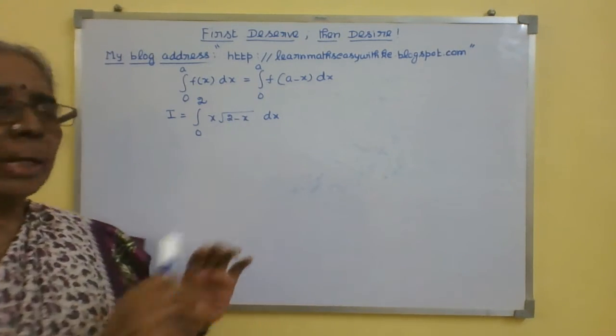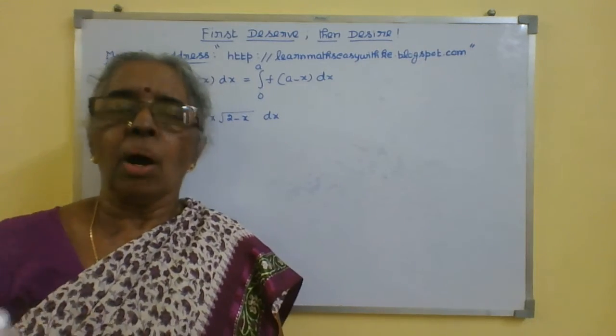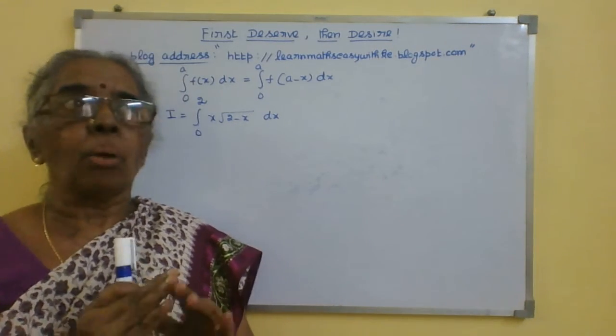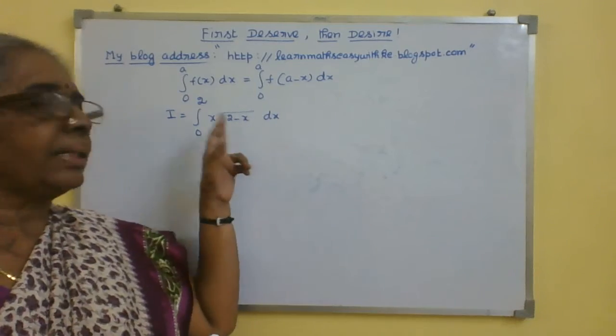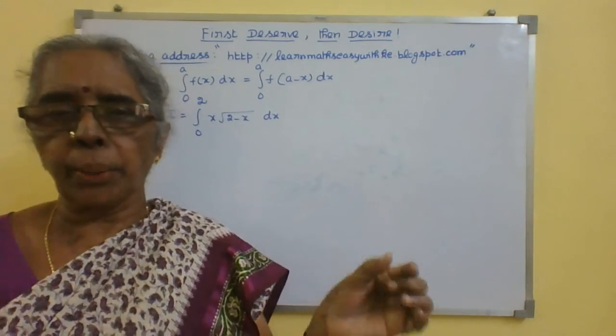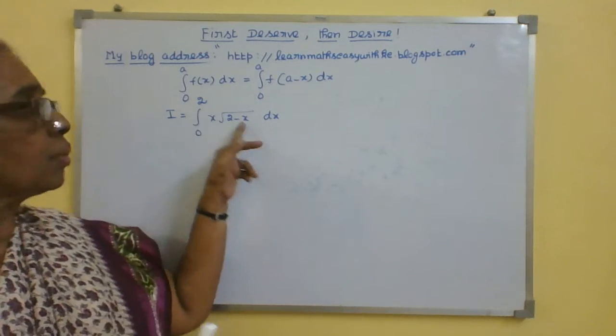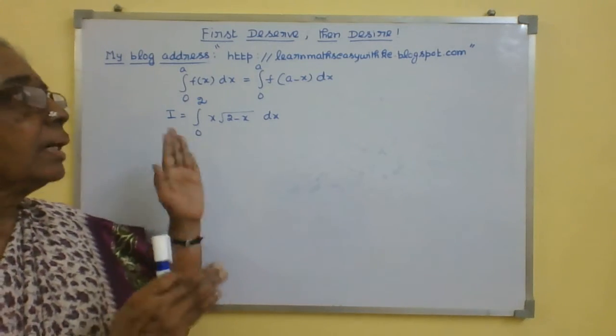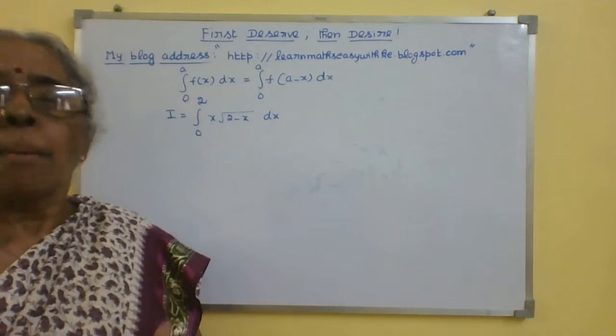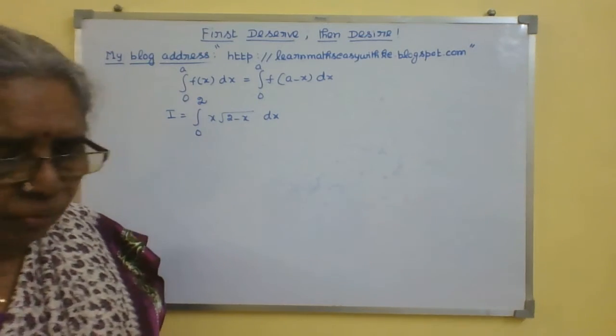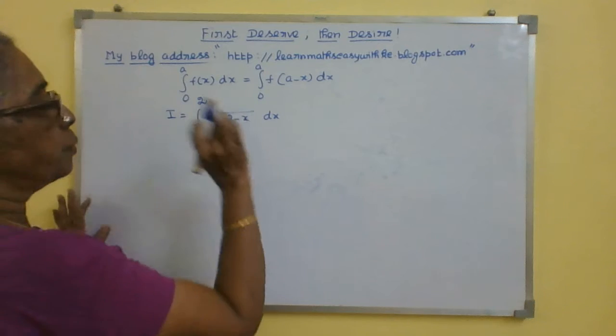That is, instead you can have 2 minus x power 5 or power 4 or power 3. In all those cases where you get within the power or within the square root two terms, and outside you have one single term, and the limit is also coinciding with the terms, there you will be using only this property.